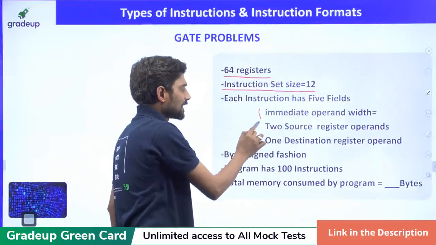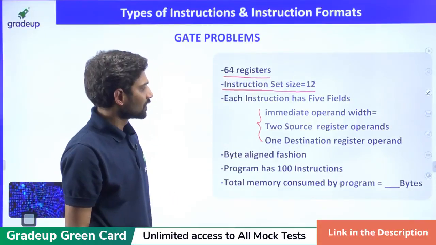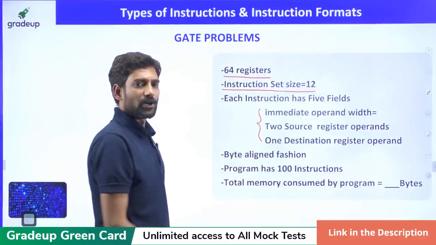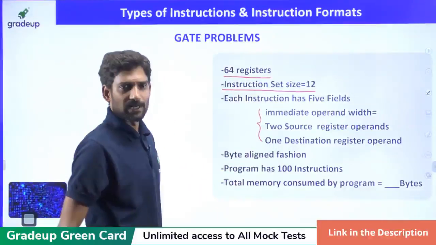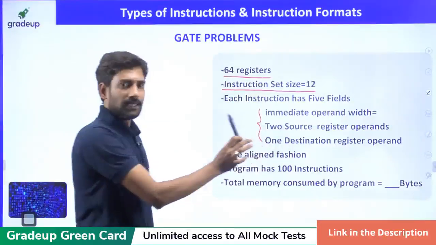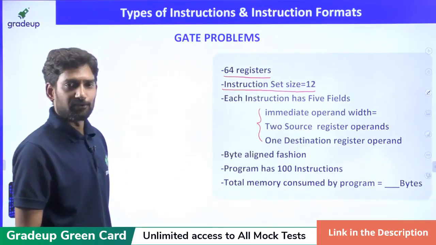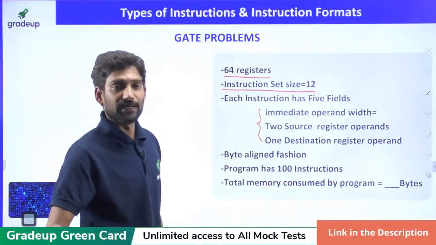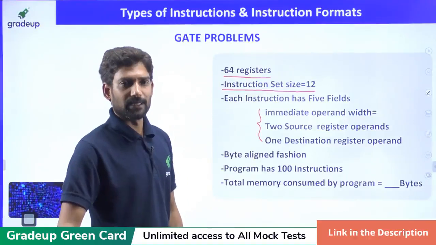Each instruction is having 5 fields: opcode, that is mandatory, 1 immediate operand, 2 source registers, 1 destination register. Then it is given the instructions are stored in byte aligned fashion, and there is a program which has 100 instructions. Total memory consumed by this program is?